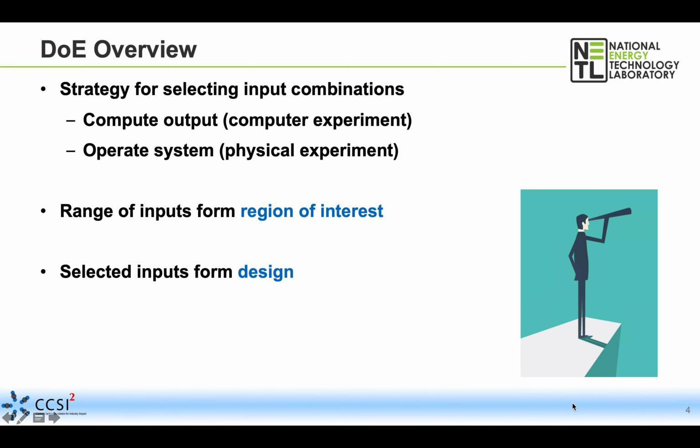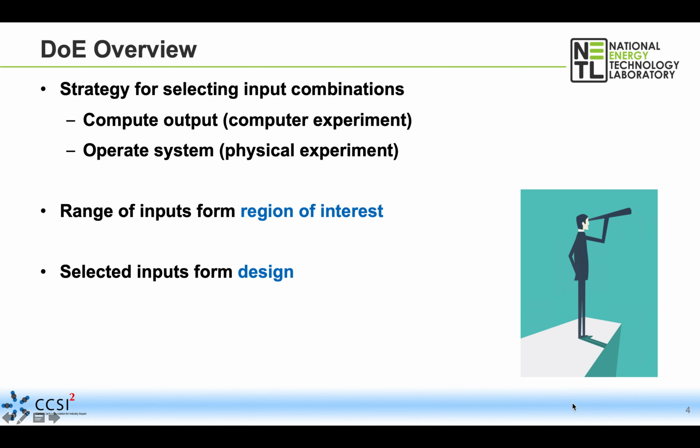Design of experiments is a mathematical strategy for selecting input combinations at which a process is going to be run, and we're interested in collecting information about the response at those particular input combinations. This might be a computer experiment, which means we're going to compute an output, or it might be a physical experiment, which means we're physically operating a system and collecting information about the response.